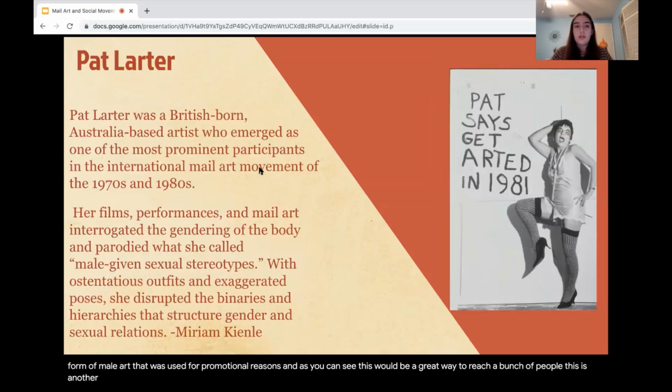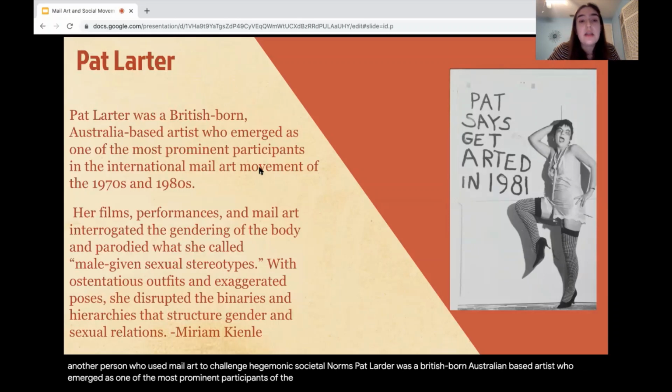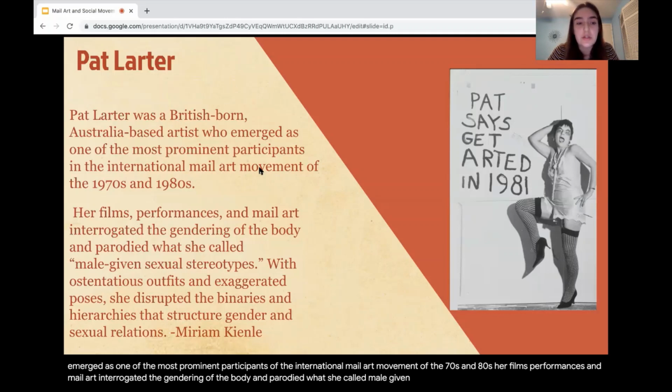This is another person who used mail art to challenge hegemonic societal norms. Pat Larder was a British-born Australian-based artist who emerged as one of the most prominent participants of the international mail art movement of the 70s and 80s. Her films, performances, and mail art interrogated the gendering of the body and parodied what she called male-given sexual stereotypes.